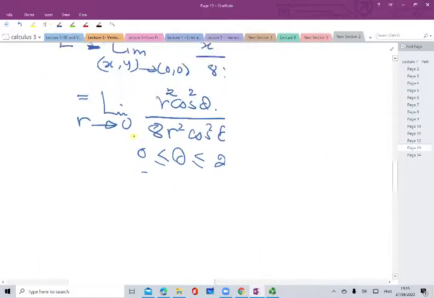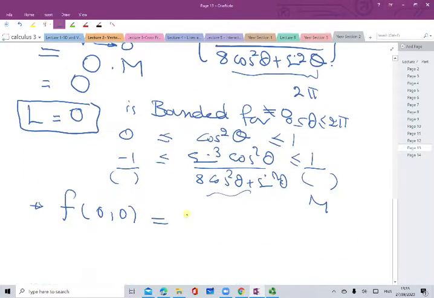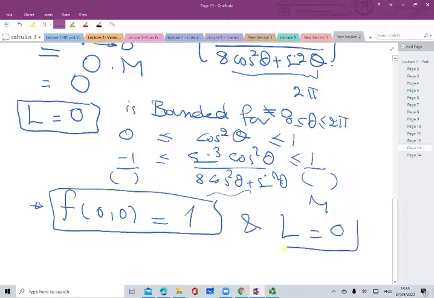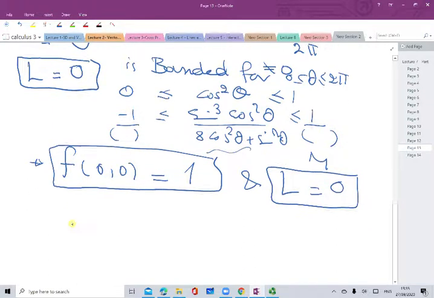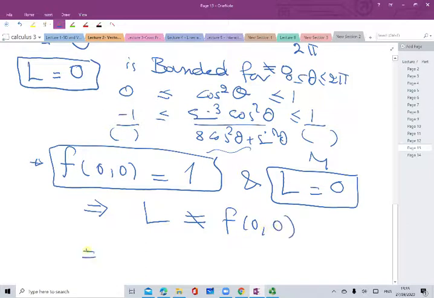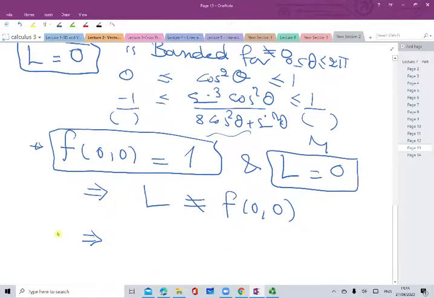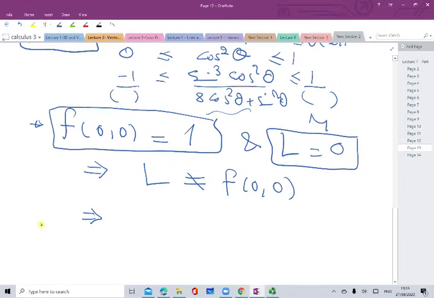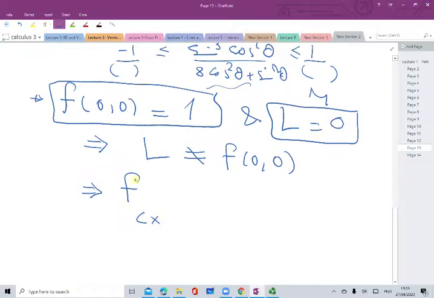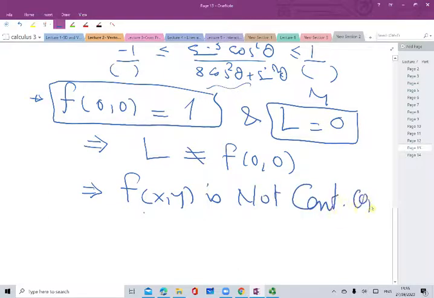Now I have a value for the function. From the definition it's equal to 1 and the limit is equal to 0. Definitely both of these are not equal, so I'll conclude that the limit is not equal to the function value. The function limit exists and is equal to 0, but the function f of x, y is not continuous at the point 0, 0.